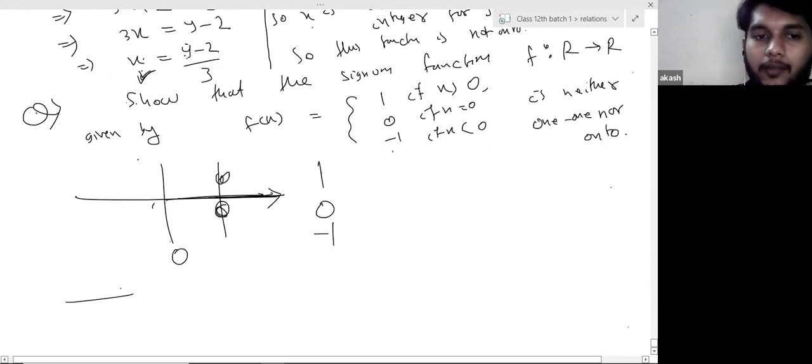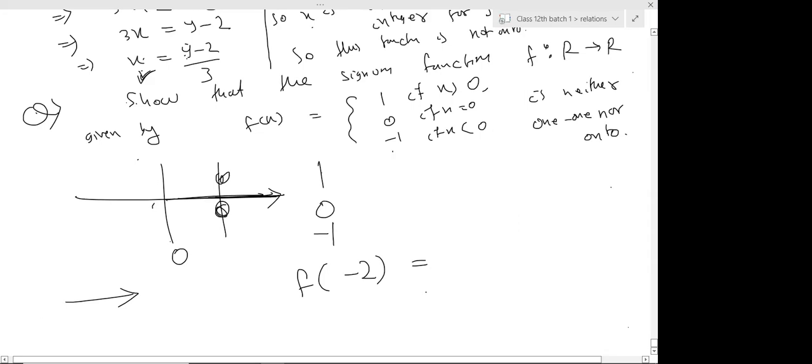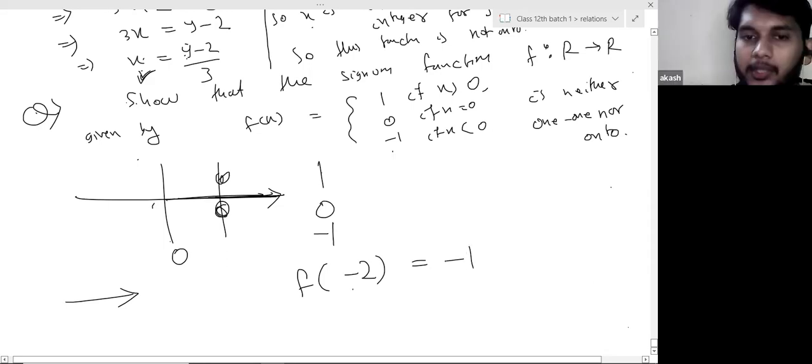So if I ask one of you, what will be f of -2? Ishan? -1, absolutely right. Because as soon as you see that x is negative, the function will return -1. They are saying if x is negative, give the value -1.